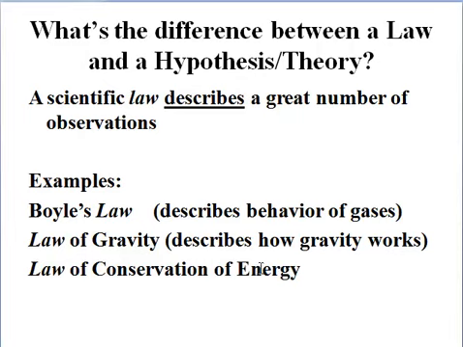Energy can't be created or destroyed, but the energy can take different forms. This is a description of many observations about energy. Okay, so again, a law describes, or sometimes summarizes, some say, a great number of observations or experiments.